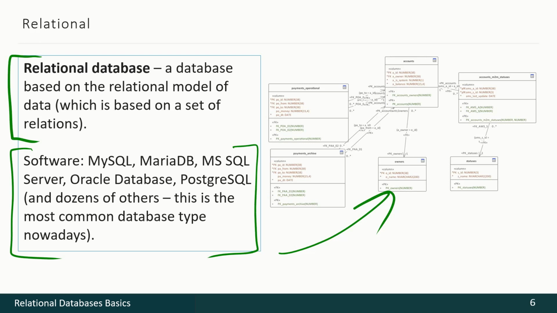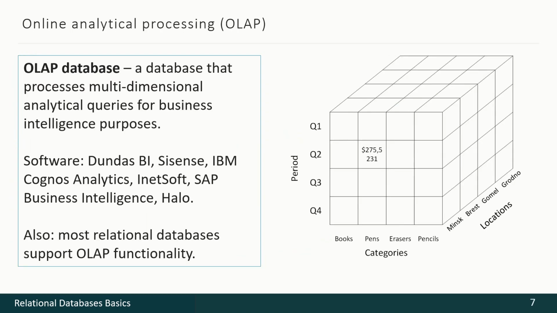Maybe not the best way possible for each problem, but all those problems at once. So for decades, relational databases were the most common, the most widespread, and nothing tells us that the situation may somehow change in the foreseeable future.